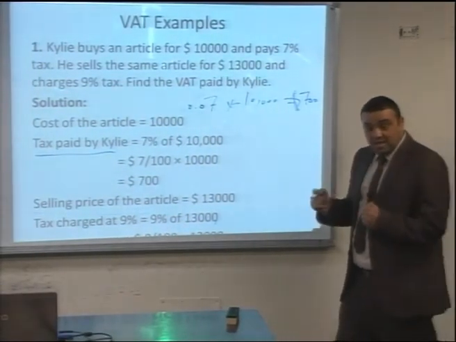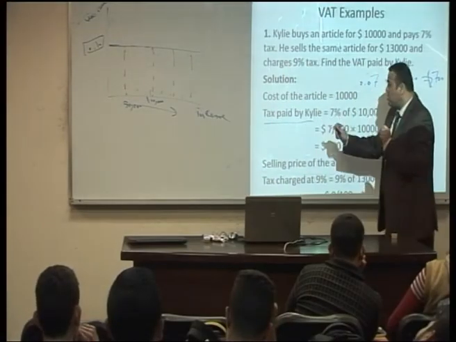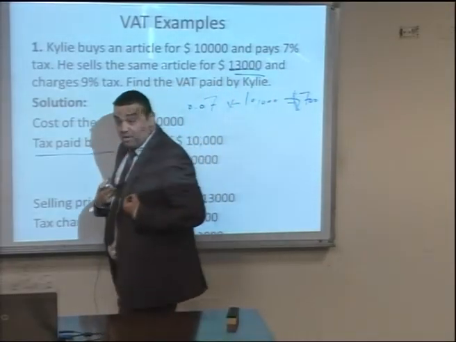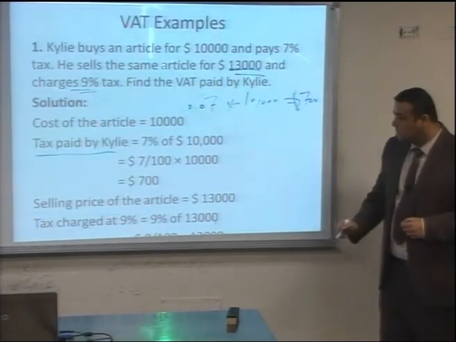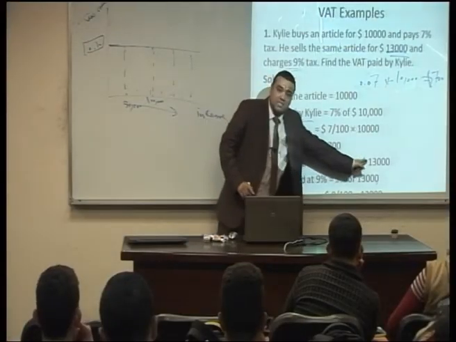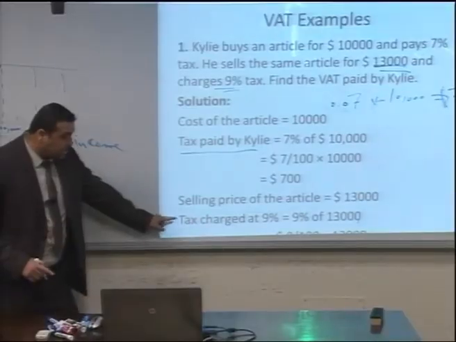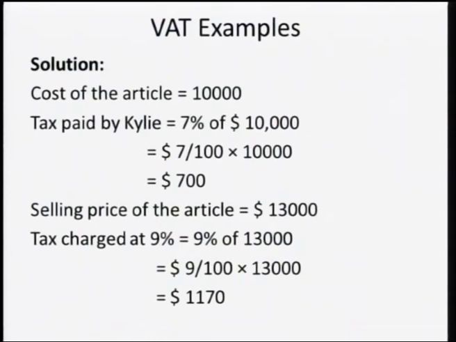Okay? And he sold it to someone else for $13,000 and charges 9%. So here we have the selling price for the article equals $13,000, and tax charged at 9%. The question is, how much are the taxes here?